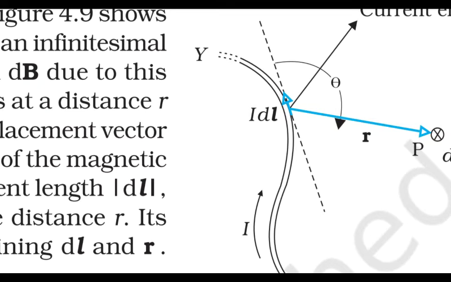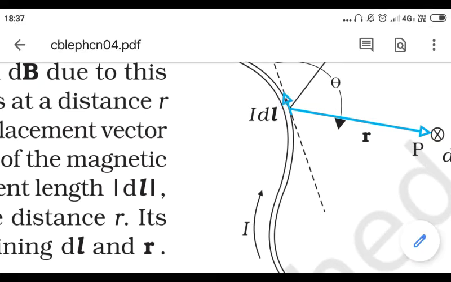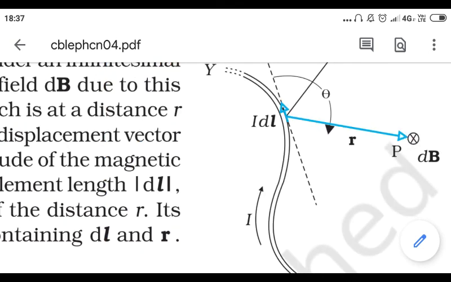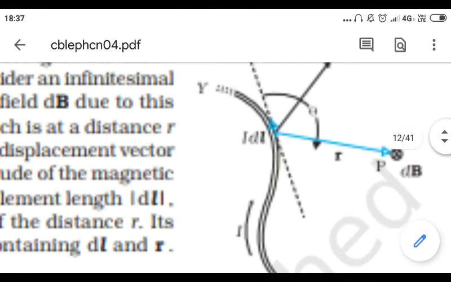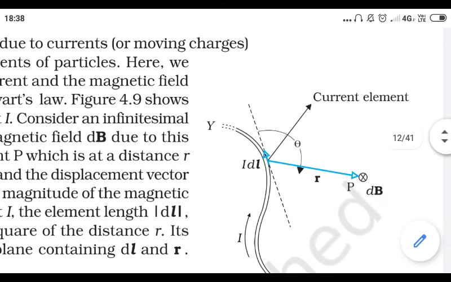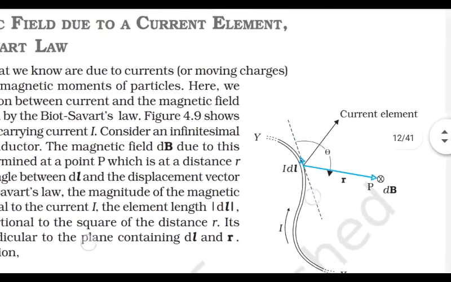The length of this blue arrow is that current element, a smaller section of the wire XY. So it's dl, the length of this arrow, a smaller portion of the wire.